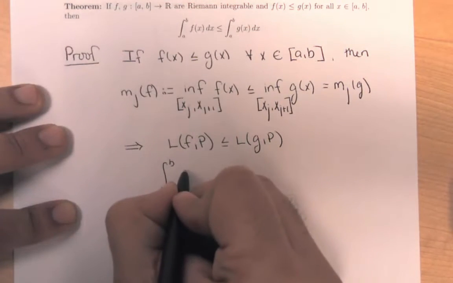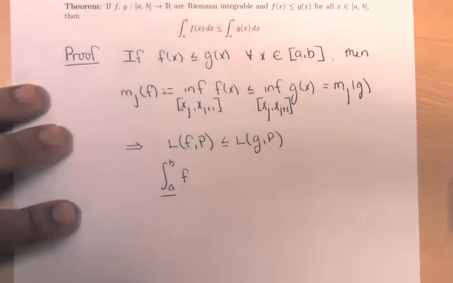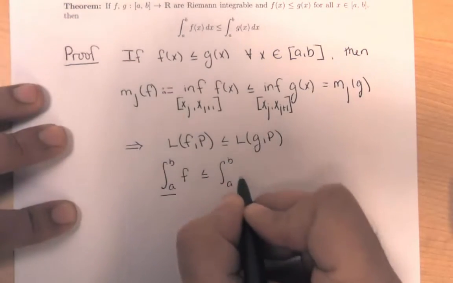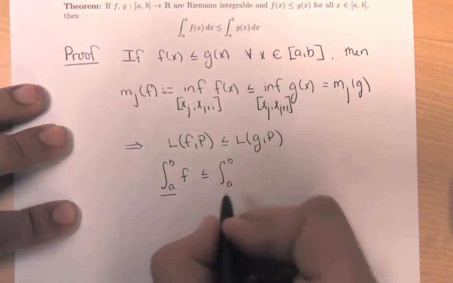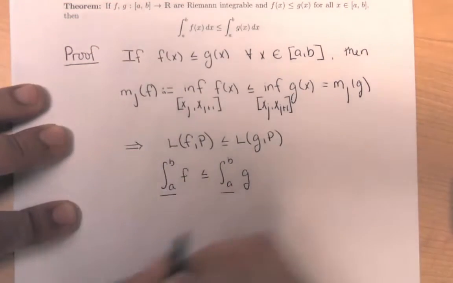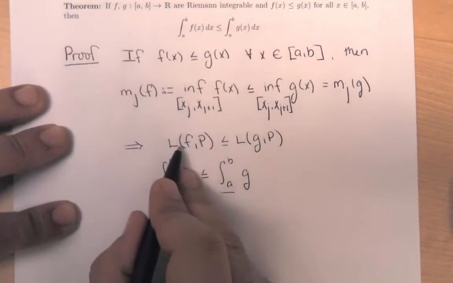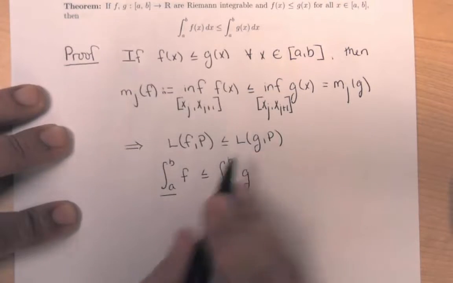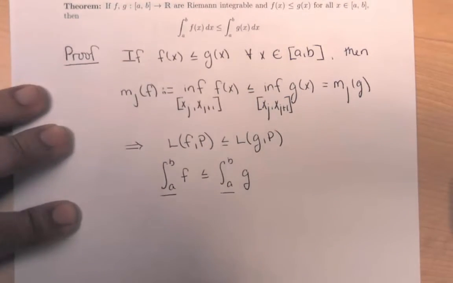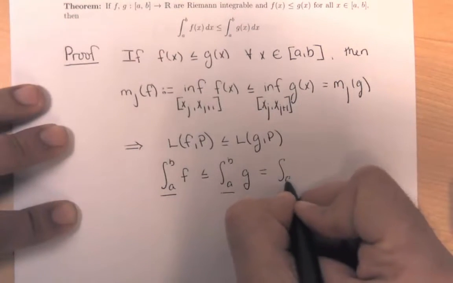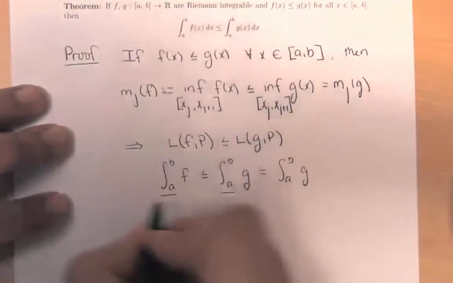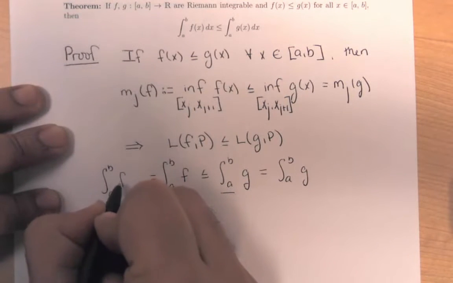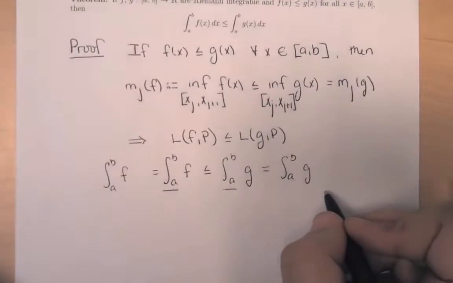This means the supremum of the lower sums of f, which is the lower integral, is less than or equal to the supremum of the lower sums of g, which is the lower integral. Remember, this is just the supremum of all lower sums for every partition. And since f and g are both integrable, this is just equal to the integral. And that gives us exactly the result that we want.